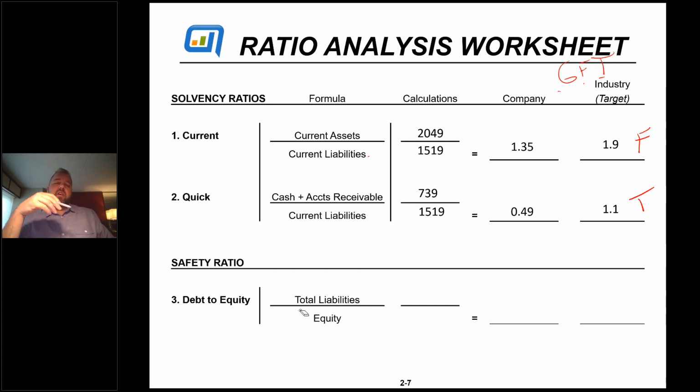Liabilities, right? So every dollar the owner puts in, the banker puts in. Remember, this was a 2.5 or less. We want that one also, I'm sorry, we want that to be 1 or over. 2.5 or less is on the debt to equity. I put it in the wrong spot. And this, we always want that to be 1 or more. So 2.5 or less for debt to equity.